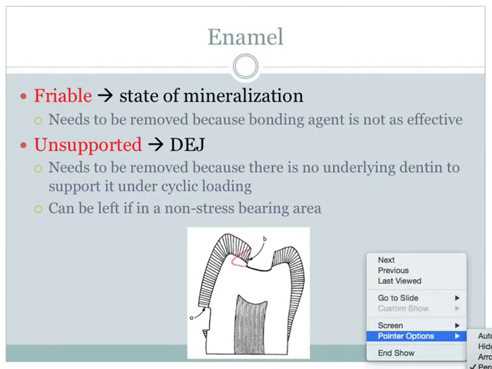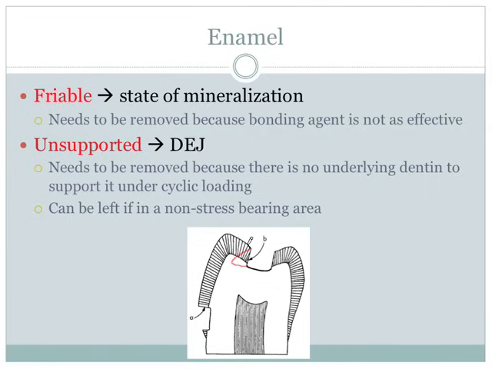If I get a different color here, all of these enamel rods are basically floating in thin air. I removed all of this tooth structure down here, and they're not supported by underlying dentin. That's what we would call unsupported enamel. So that's why we want to be mindful about how we cut our preparations. We want our enamel to always be supported.